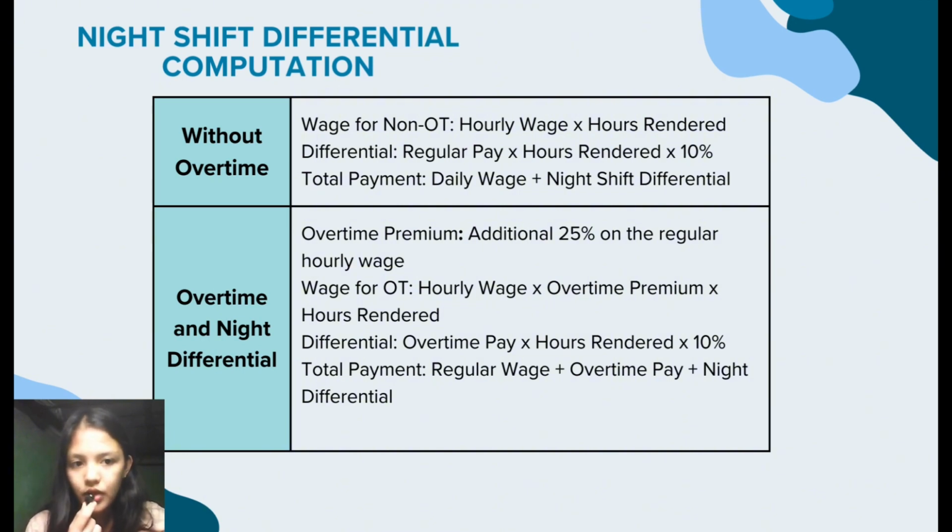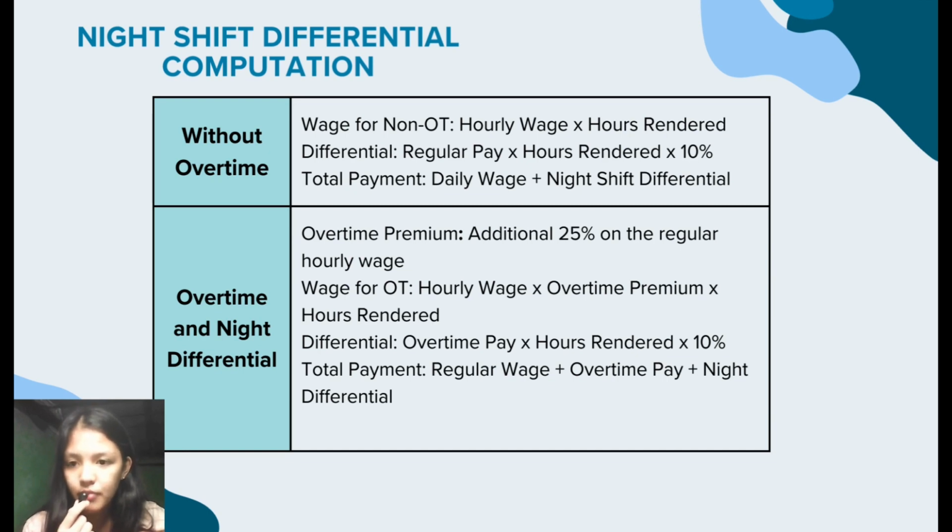Now that we understand the different rates for private and government sectors, let's walk through how to calculate night differential pay. So there are two scenarios to consider: situations without overtime and situations with overtime pay involved. So in scenario one, night differential pay without overtime.